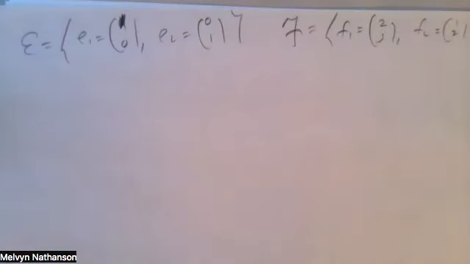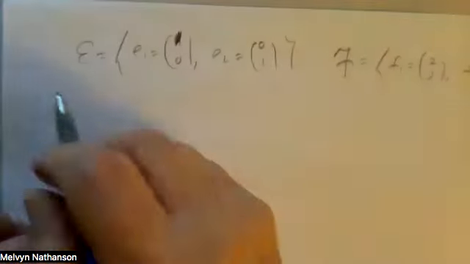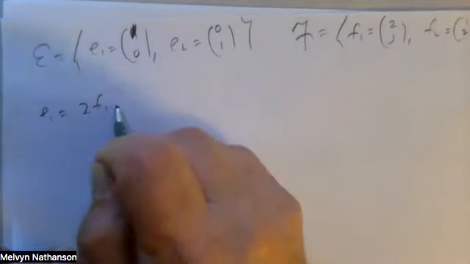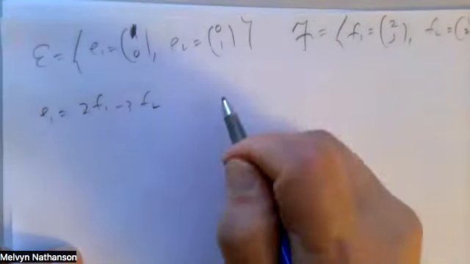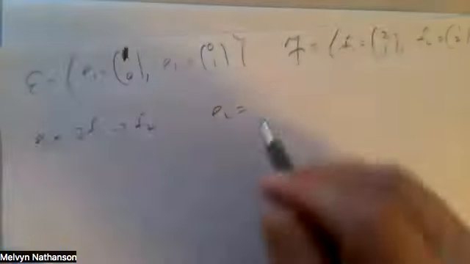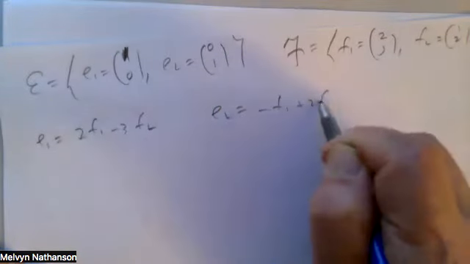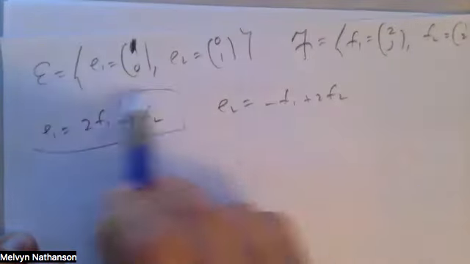And we have a relationship between them, namely E1 is 2f1 minus 3f2, and E2 is minus F1 plus 2F2.